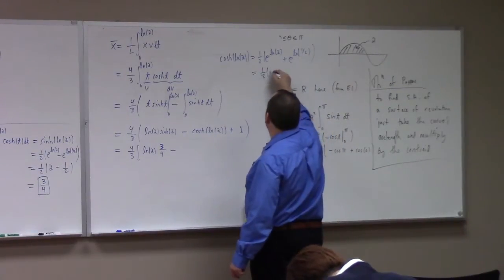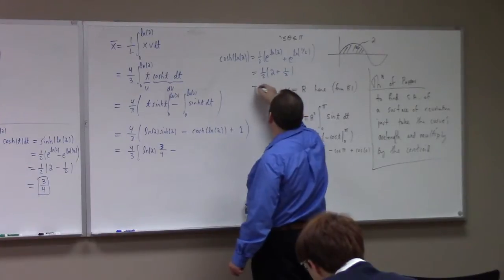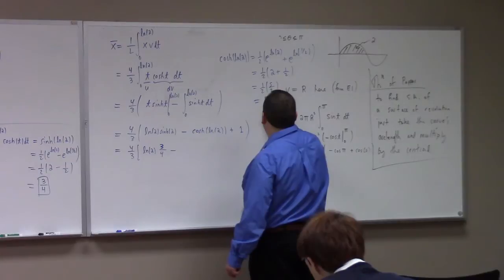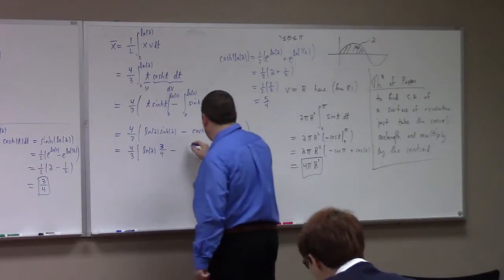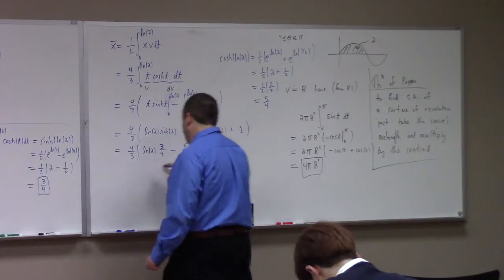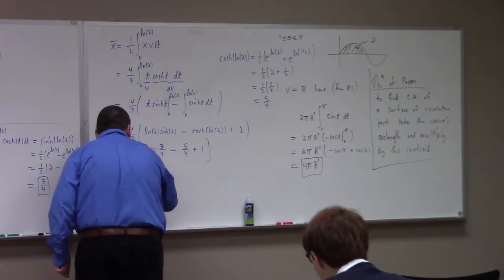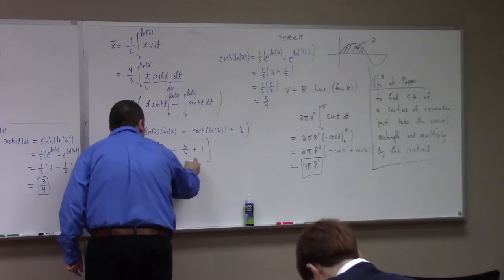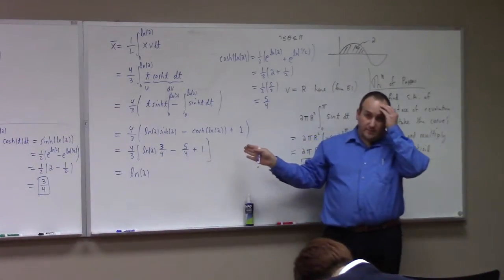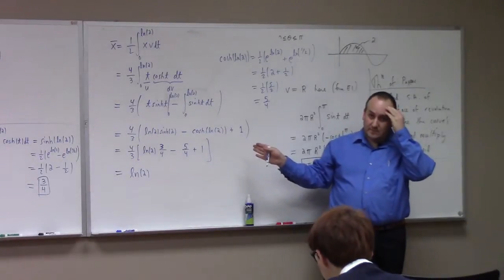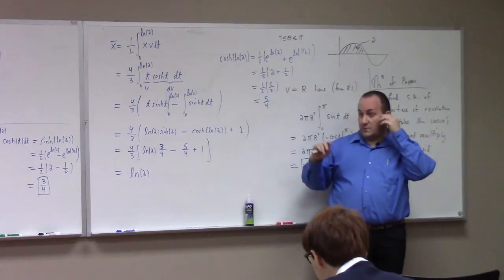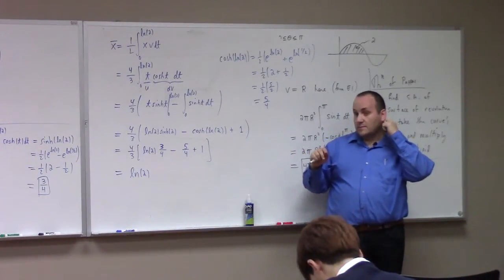So that's 1/2 of 2 plus 1/2. 1/2 of 5/2. 5/4. So minus 5/4 plus 1. So we can clean that up a little bit. That's the log of 2. This over here is 1/4, right? 1/4 times 4/3 is what? It's going to be minus 1/4. Minus 1/4 times 4/3, minus 1/3, right?